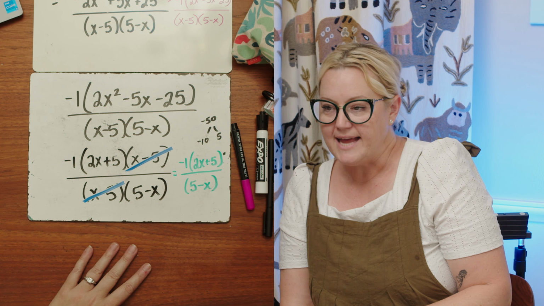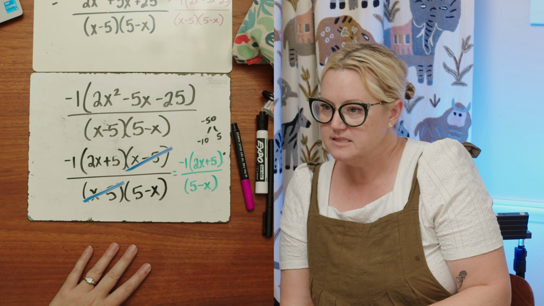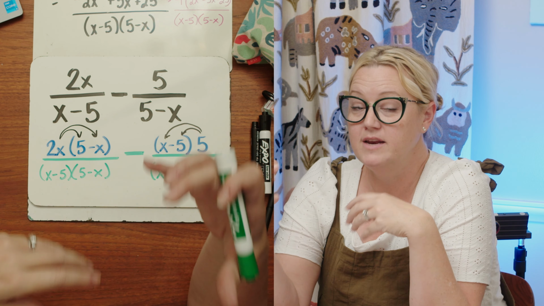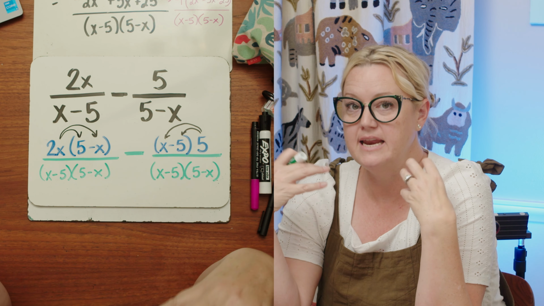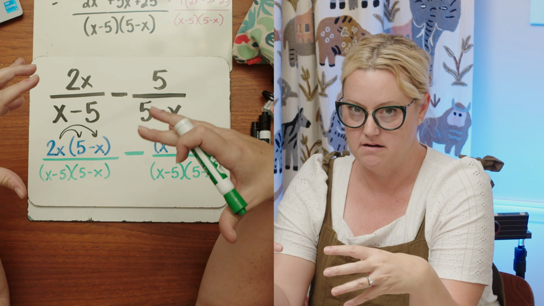When you get to these types of problems, especially with these negatives, this one's a little tricky. The main idea is, once you get the common denominator, multiplying these together and crossing those out, you combine all the like terms, and then you check if you can factor again and cancel out again. That's MathedUp.